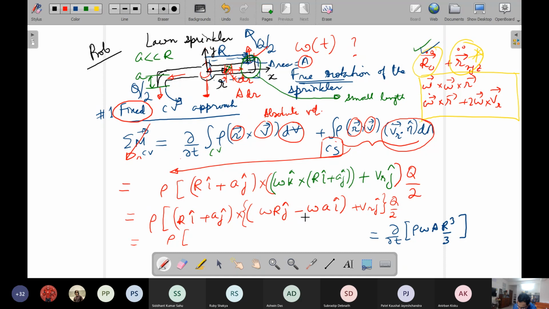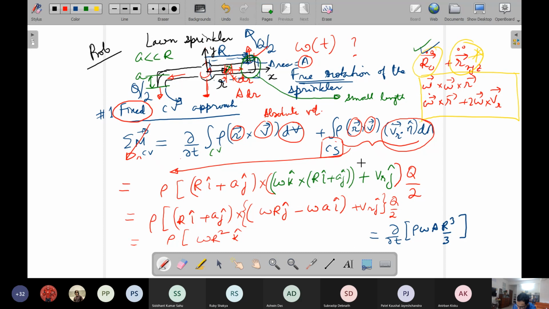So R i cross this one, omega R, so omega R square, i cross j is k. Hopefully we have written it correctly. This is fine.